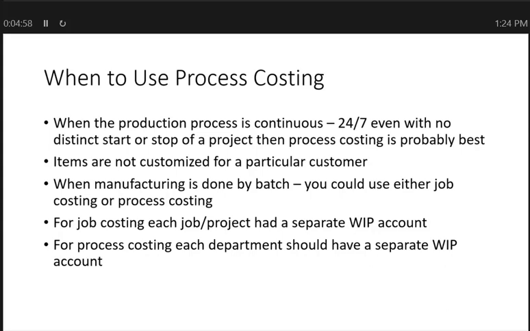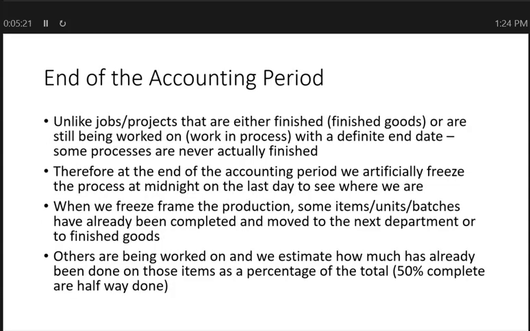With process costing, you probably work in the same department all day long. So your labor is part of that department, okay? We don't have quite the same specifications needed, but we still have this separate work in process. It's just that you move from one to the next as you get more completed on the product.